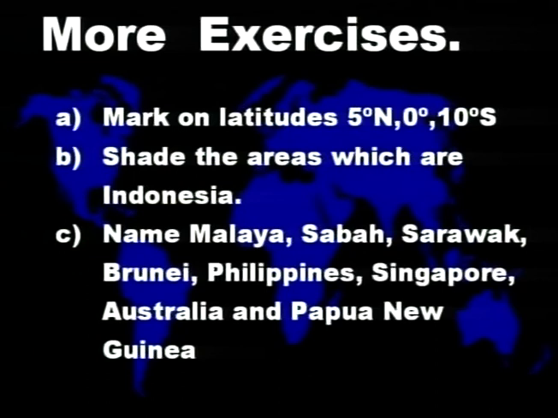Do we have Singapore already given on our map? Okay, for the ones that are there, you don't need to do them again, but for the countries or areas that are not on your map, I'd like you to include, especially Malaya, Sabah, Sarawak, Brunei, and Singapore. Papua New Guinea and the Philippines, plus Australia, are already on our map.